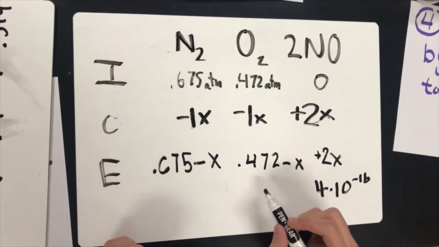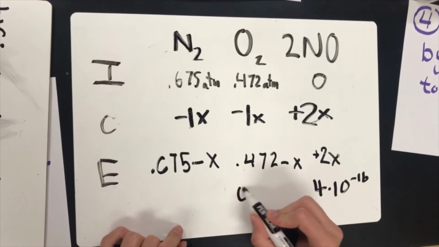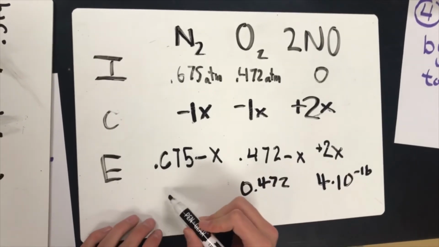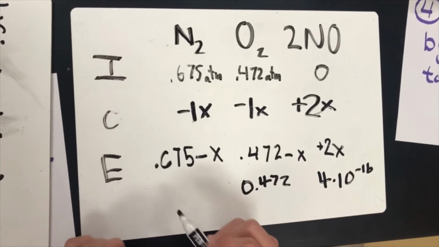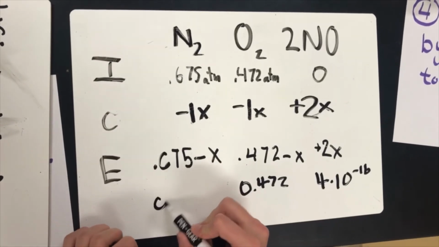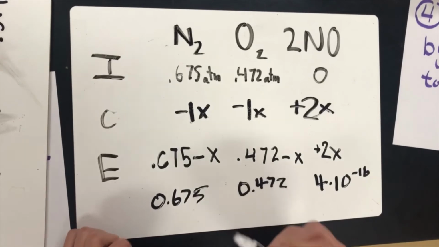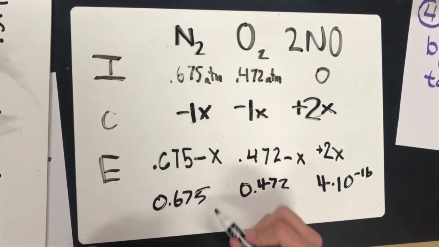The O2 is going to be equal to 0.472, and the N2 is going to be equal to 0.675 atm, and these are all in atmospheres.